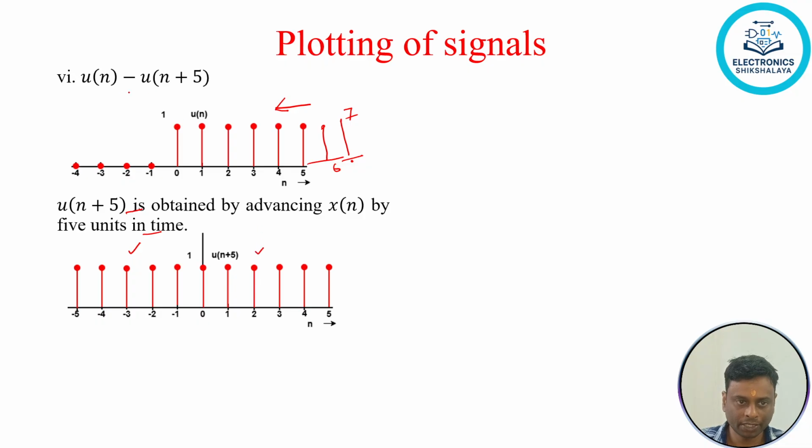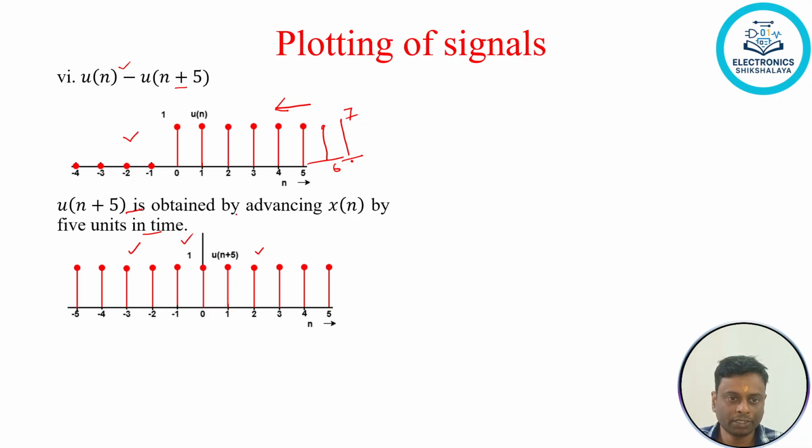Then you have to subtract u of n from u of n plus 5. So u of n will be subtracted from u of n plus 5.